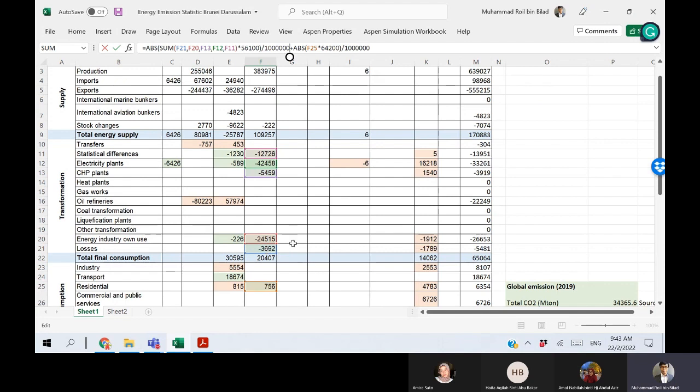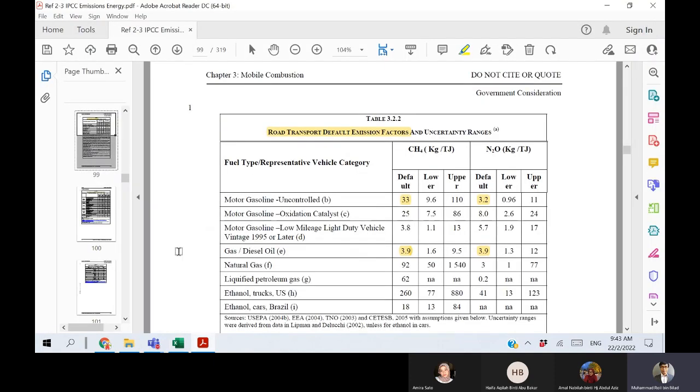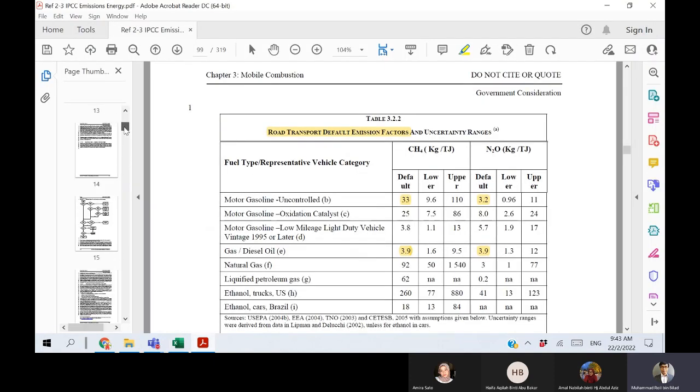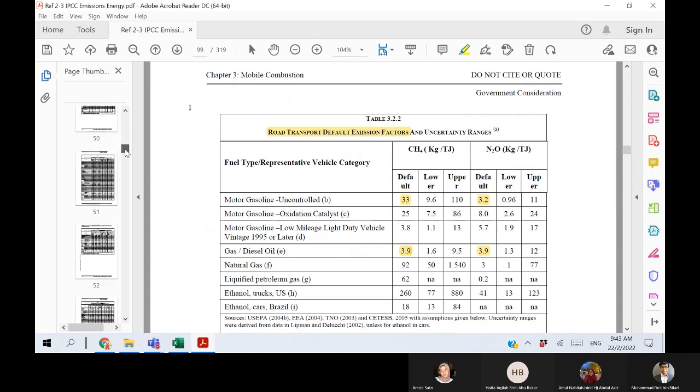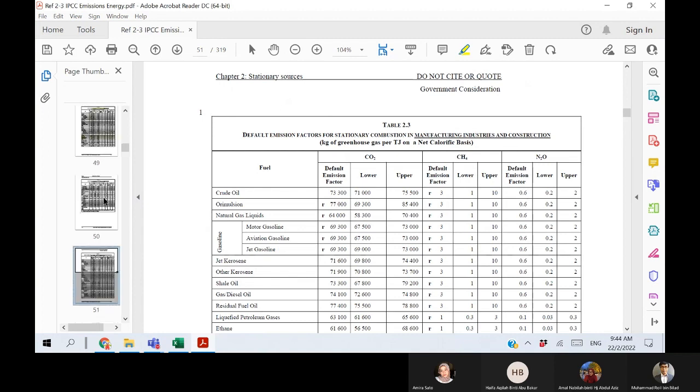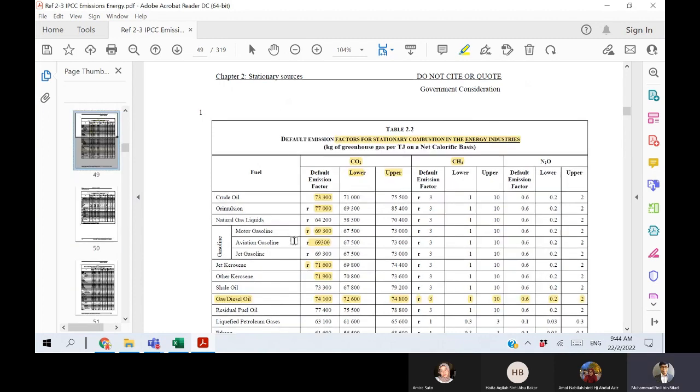I assign this one to natural gas, normal natural gas, the one in the table. Natural gas for energy. So I use this one.